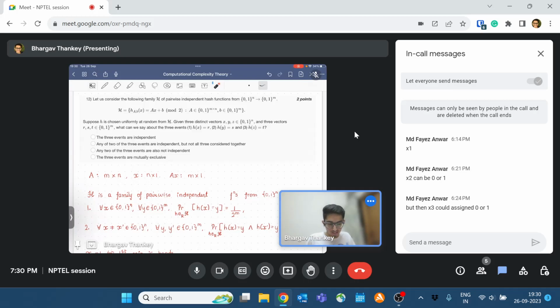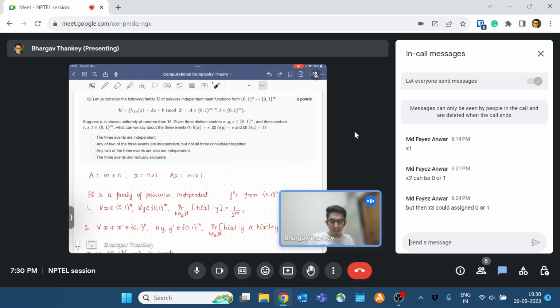So, we don't know whether A is true or not. We can't say anything about B yet, but we can definitely rule out C, because two of the three events are also not independent. So yes, we can rule it out.